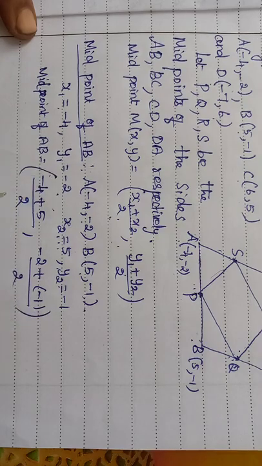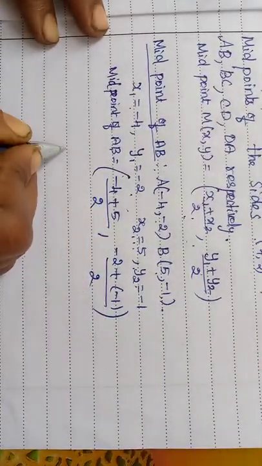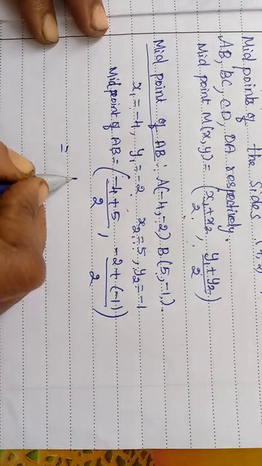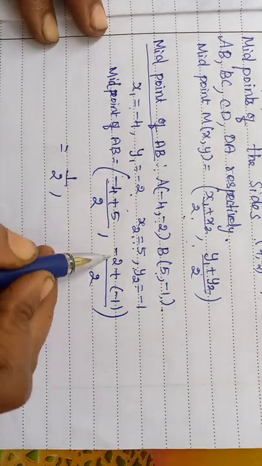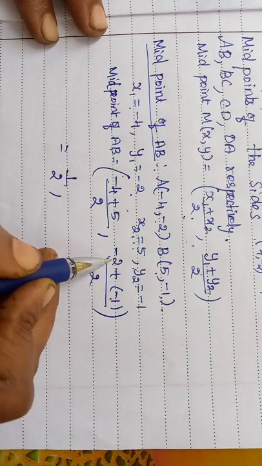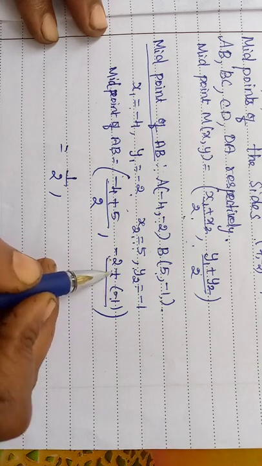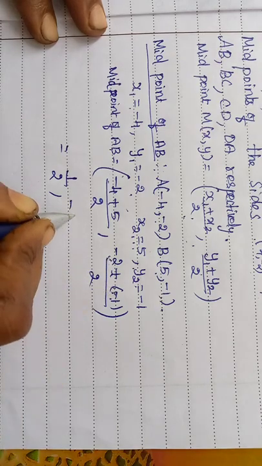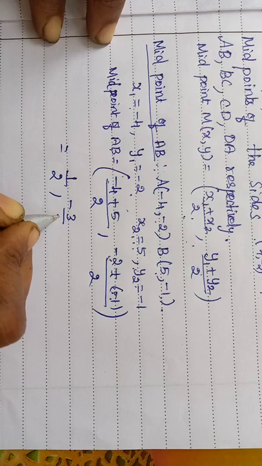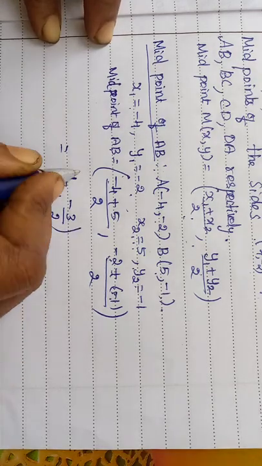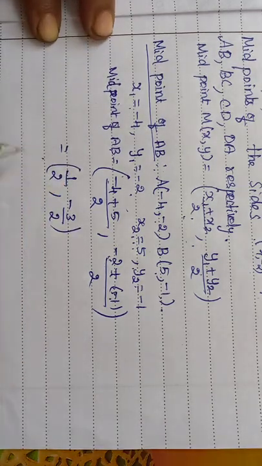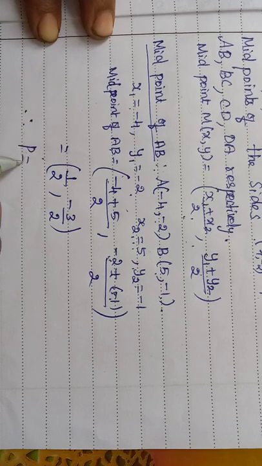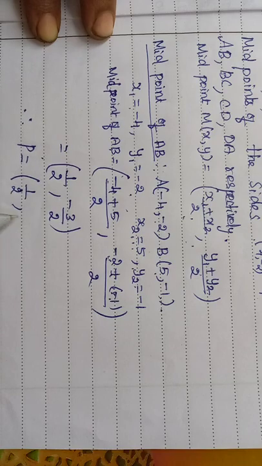That is 1 by 2 comma minus 3 by 2. Therefore P is equal to 1 by 2 comma minus 3 by 2.